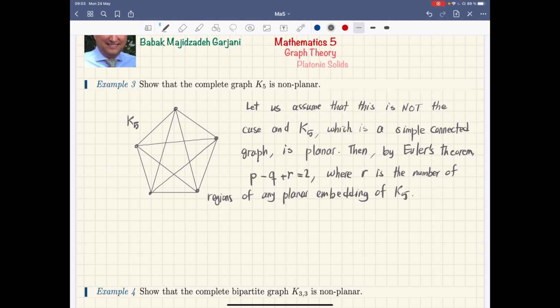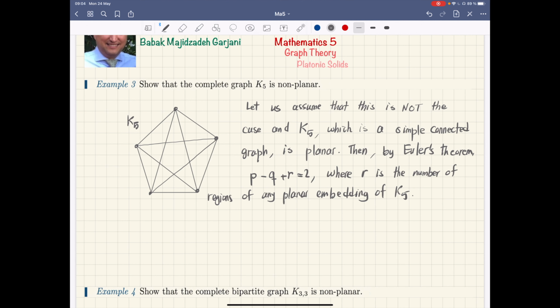Is that understandable? I want to show that no, K5 is non-planar. If you say no, it is not the case, it means that you have to admit that K5 is planar. On the other hand, we see that K5 is simple and we see that K5 is connected. By this assumption, it is also planar, so Euler's theorem is applicable.